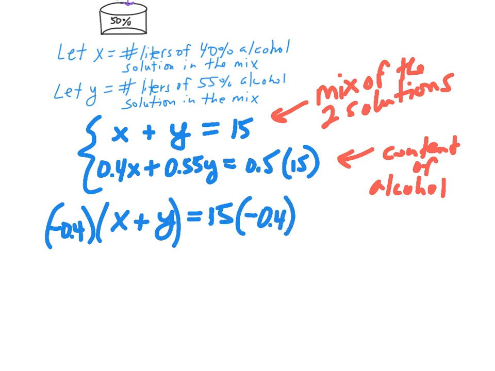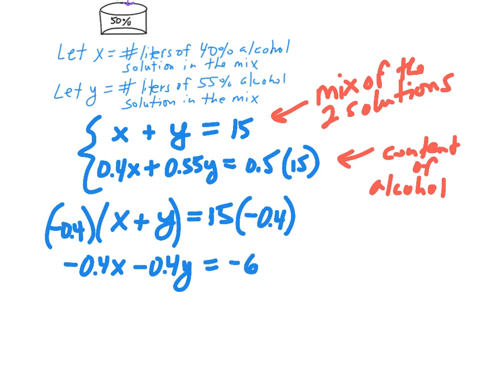I'm going to get negative 0.4x minus 0.4y equals, so that's 40% of 15, or 2/5 of 15, which is negative 6.